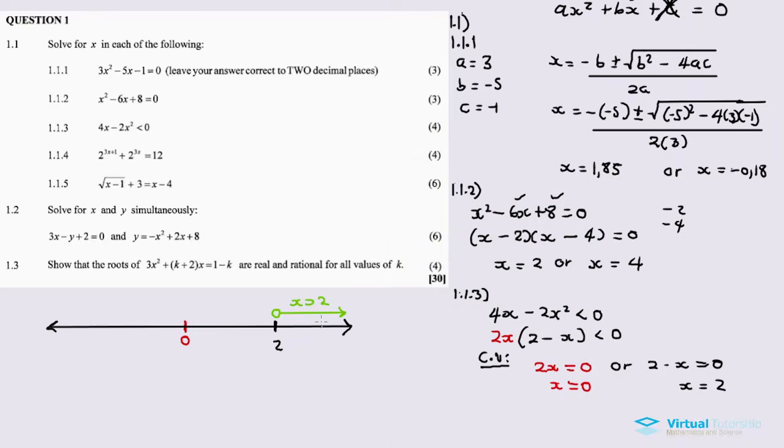In other words, all x values that I substitute into this expression will give me a negative value. The negative sign simply means that x values greater than 2, when substituted in this expression, give a negative answer or a negative value, right?